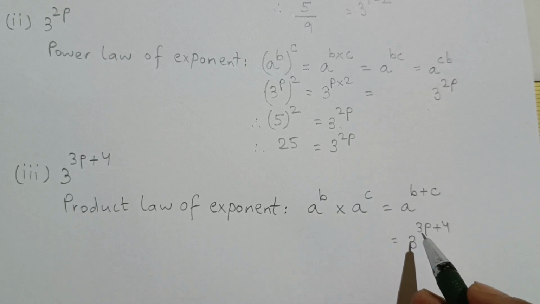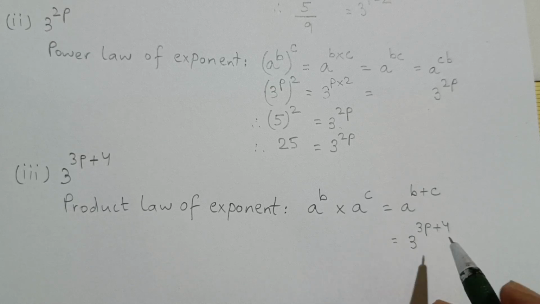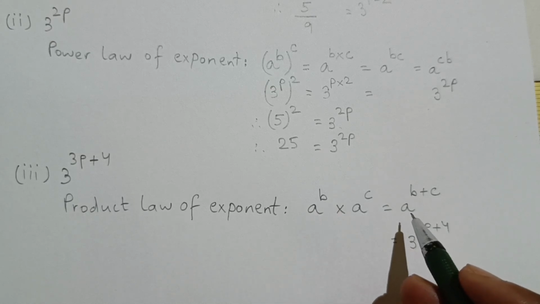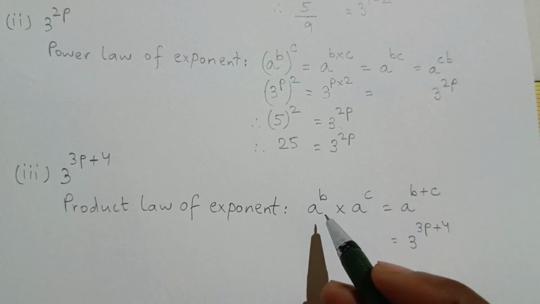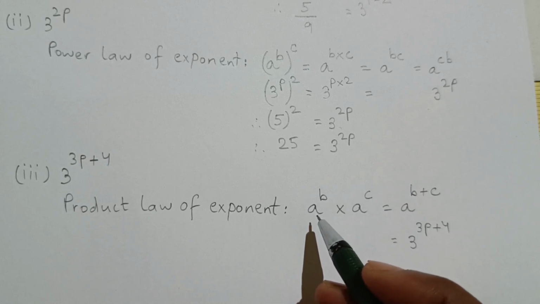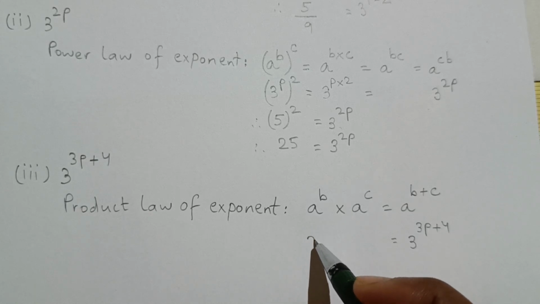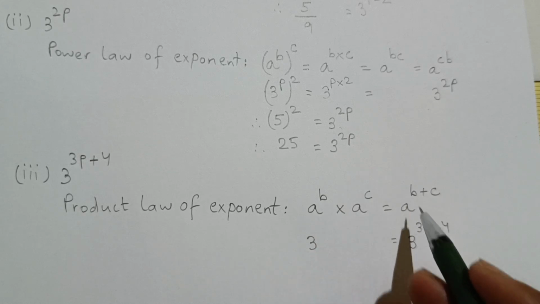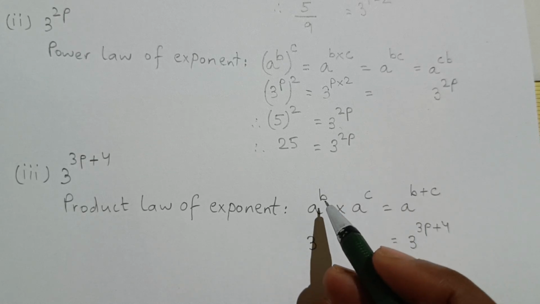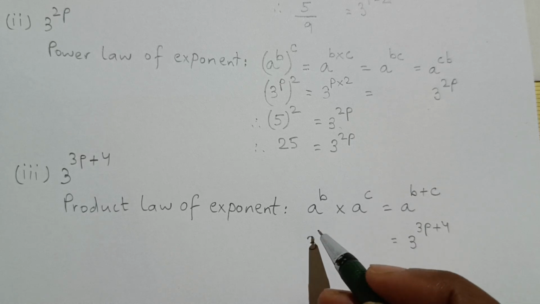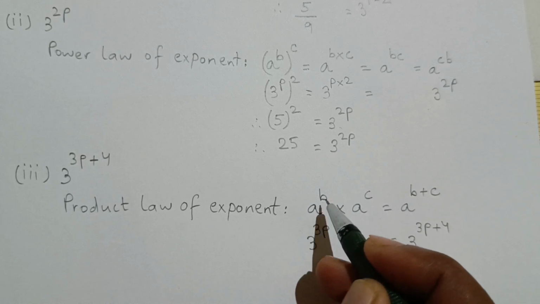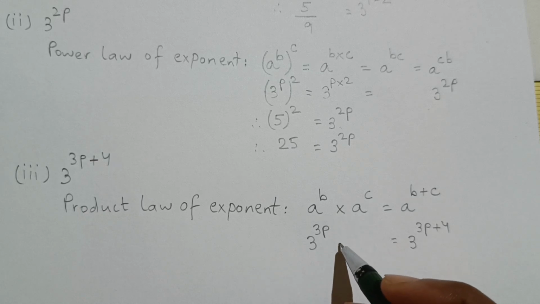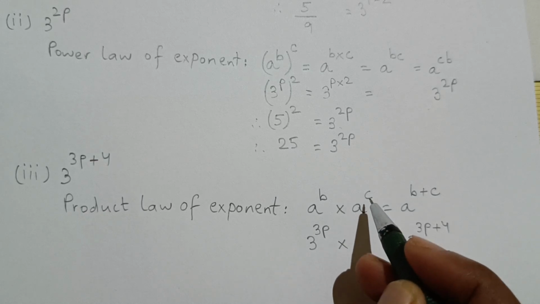So 3 to the power 3p plus 4 can be written as, now a is 3, so instead of a I will write 3. B is 3p, so instead of b I will write 3p. So a to the power b becomes 3 to the power 3p, multiplied to a to the power c.